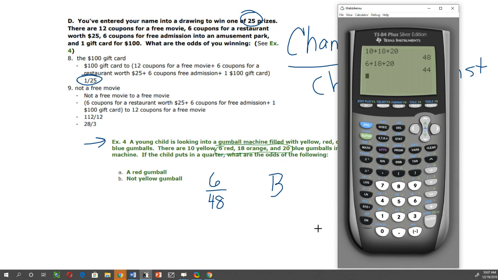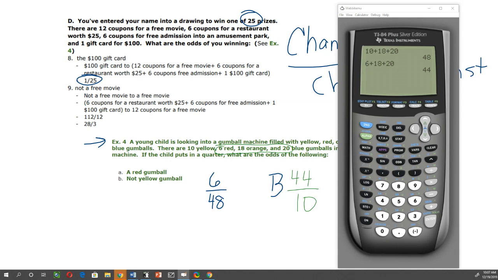So that's 44. And which ones are yellow? 10. So the odds in favor of that are 44 to 10. So make sure you're using that right.